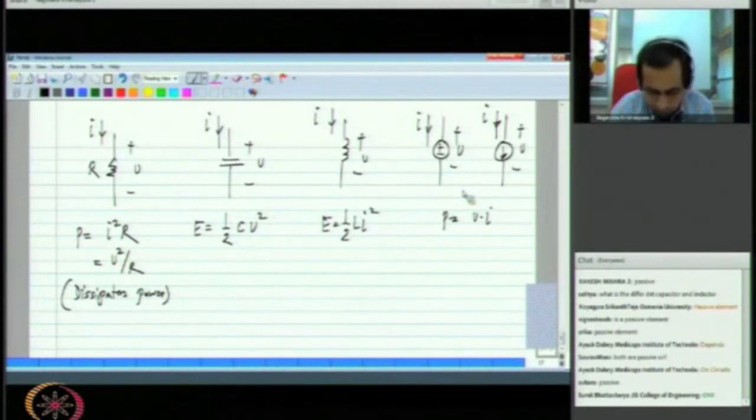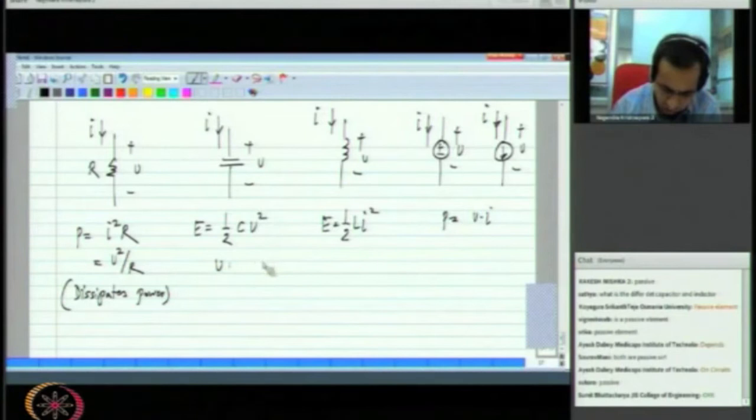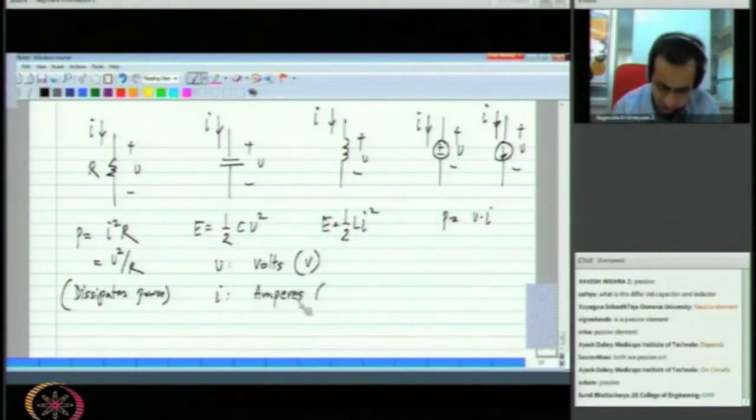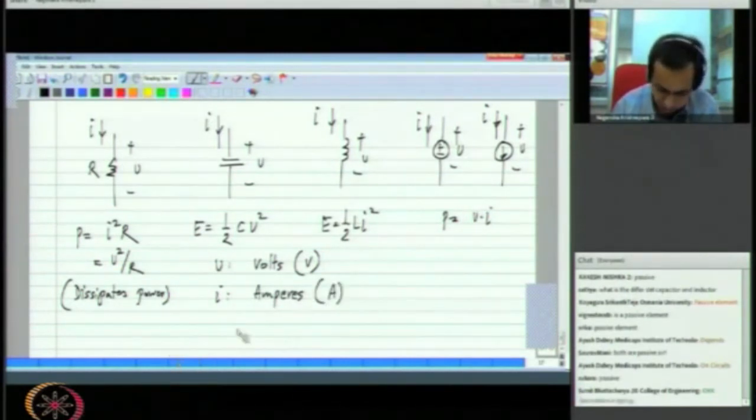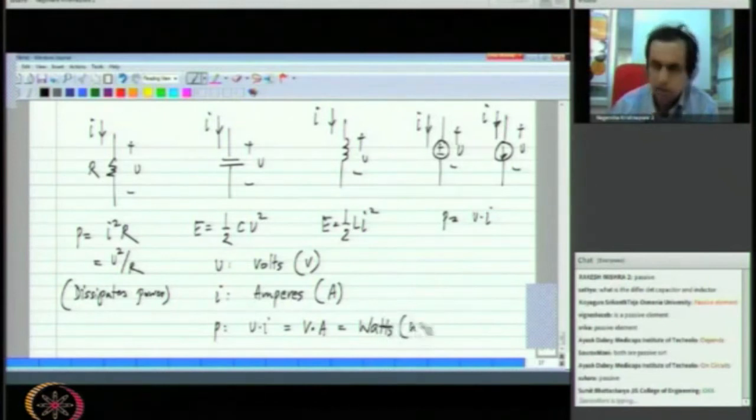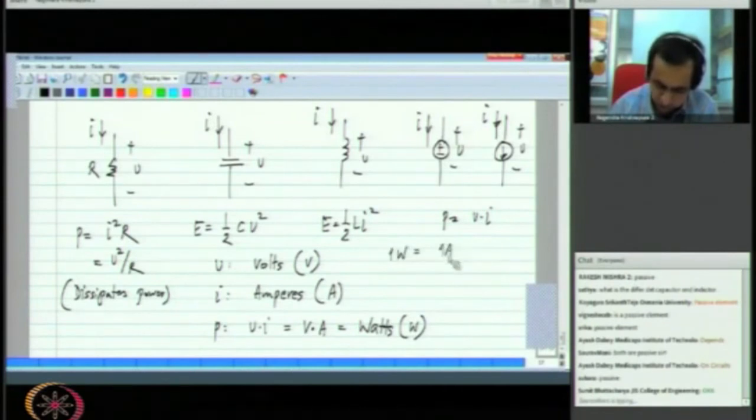Now we know that the voltage V is measured in volts with the symbol capital V, and the current I is measured in amperes. The symbol is uppercase A. Now the power, which is V times I, which is volts times ampere, is measured in units of watts, denoted by W. So 1 watt equals 1 ampere times 1 volt.